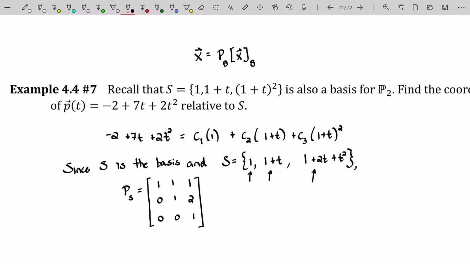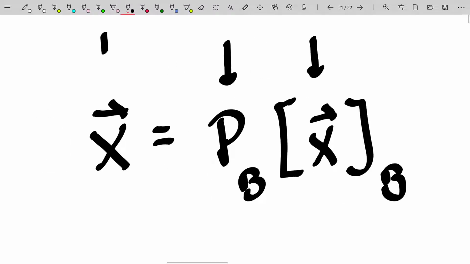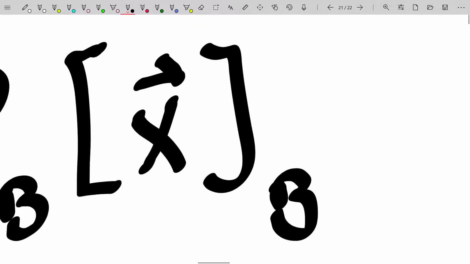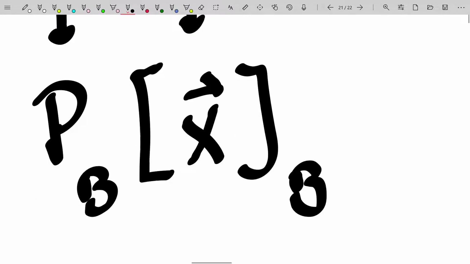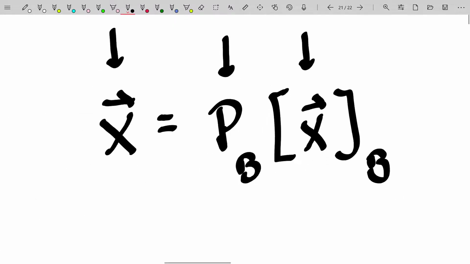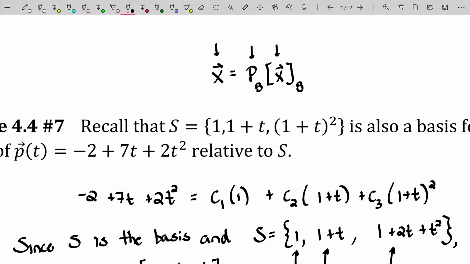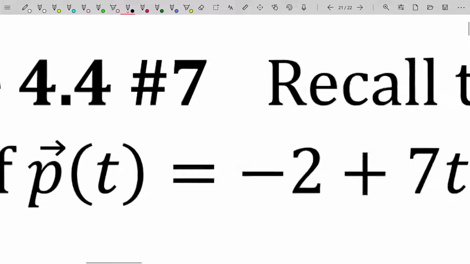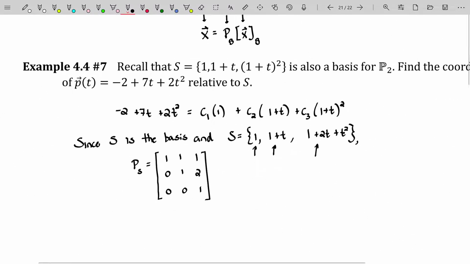Remember, our change of coordinates matrix times our B coordinate vector will turn into the vector in our standard view. The B coordinate vector is the coordinates in terms of this weird basis B. And what we want in this problem is to find out what this vector p is written in that weird basis B, or in this case S.